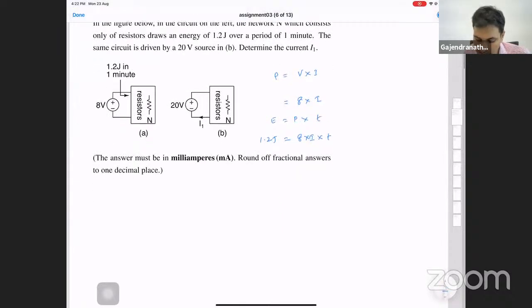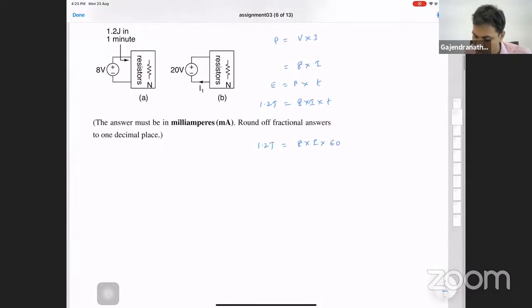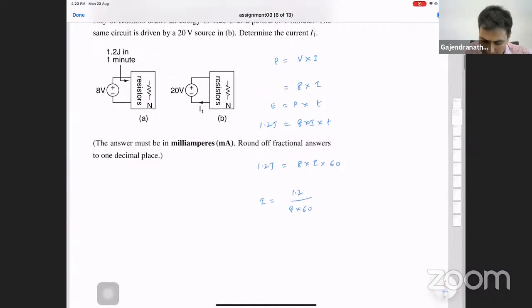And the time is given as how many minutes? 1 minute, which is 60 seconds. So 1.2 joules equals 8I times 60. So this I is basically equal to 1.2 divided by 8 times 60. This much is the current taken by this network. So why are we interested in that current?